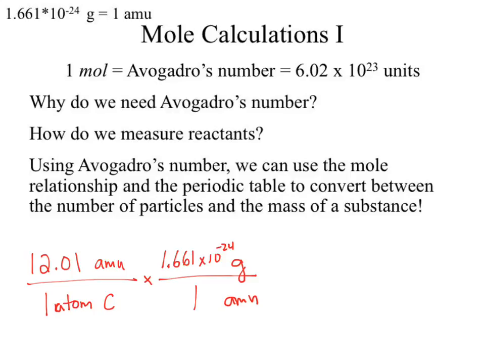So that's going to be using a very large number of atoms. For that large number, Avogadro came through and said, this is the large number that I want to pick. So we're converting the atoms of carbon into a large number of them, which he decided to define as moles.